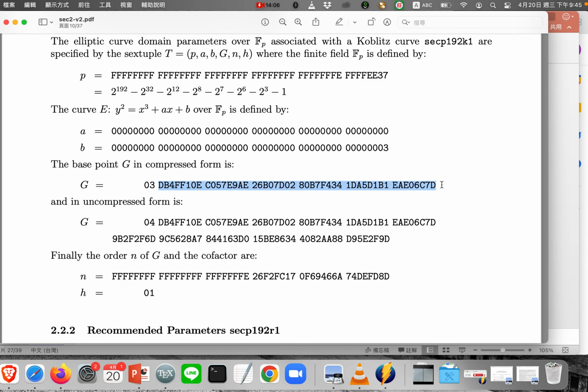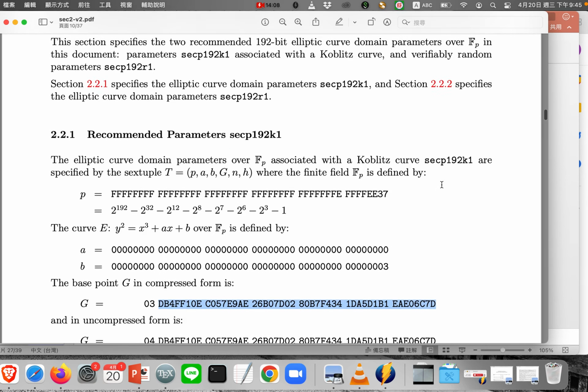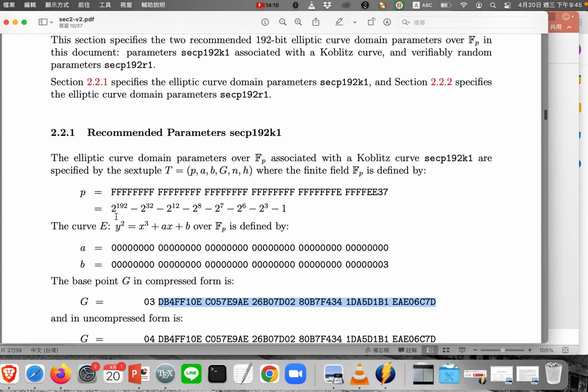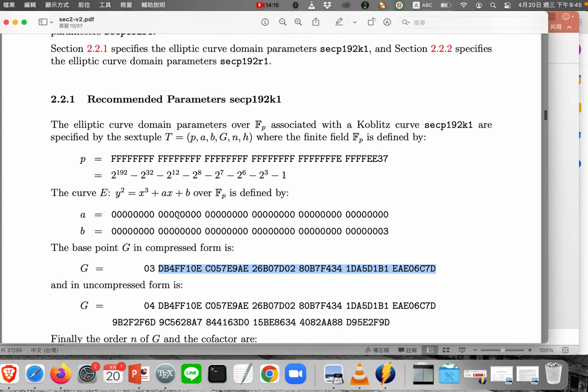Because we have a curve, right? This is our curve. If you choose the base point, if you feed in an x, we can get a y by evaluating this formula and then taking a square root.